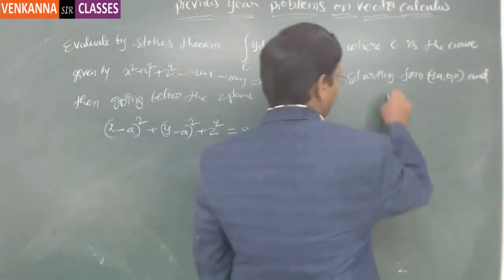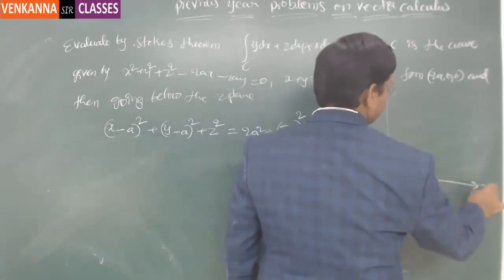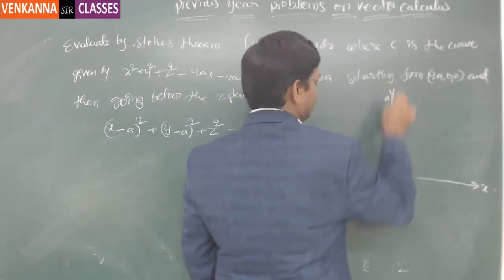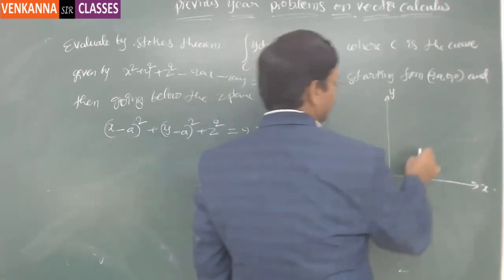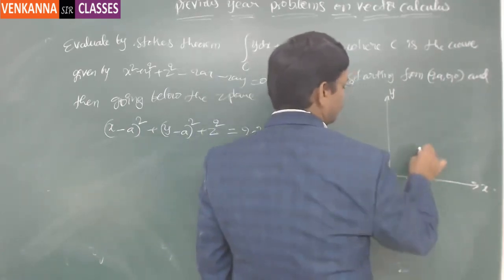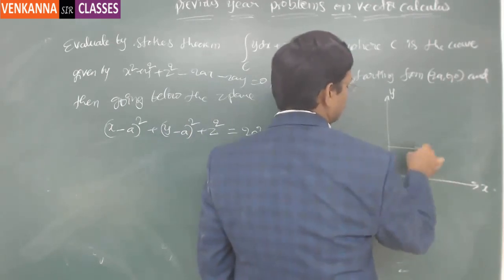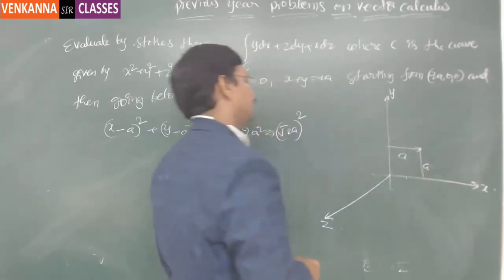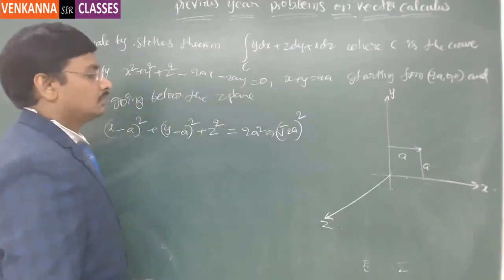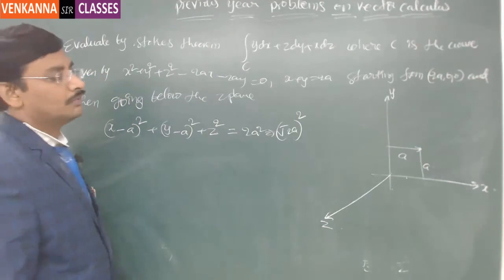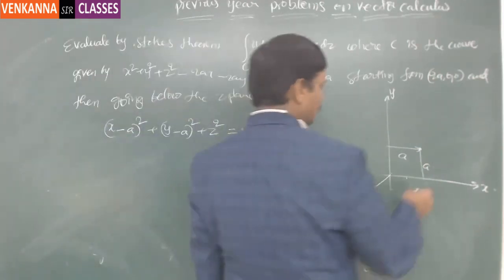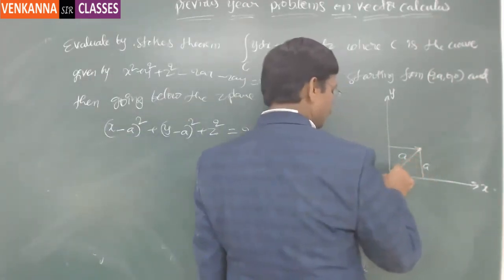Now here let us say this is the x-axis and this is the y-axis and this is the z-axis. Now the center lies at this point where this length is a and this length is a. So this is the center, and this sphere has a radius equal to root 2a. If this is the center, this length is root 2a.